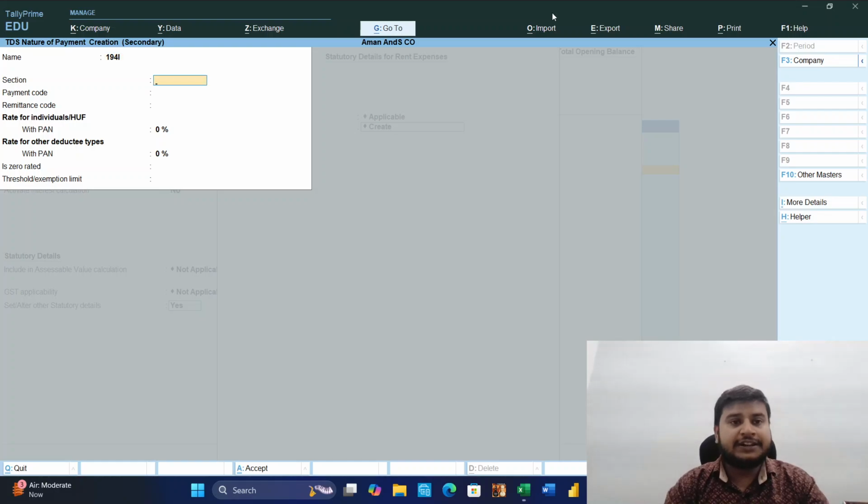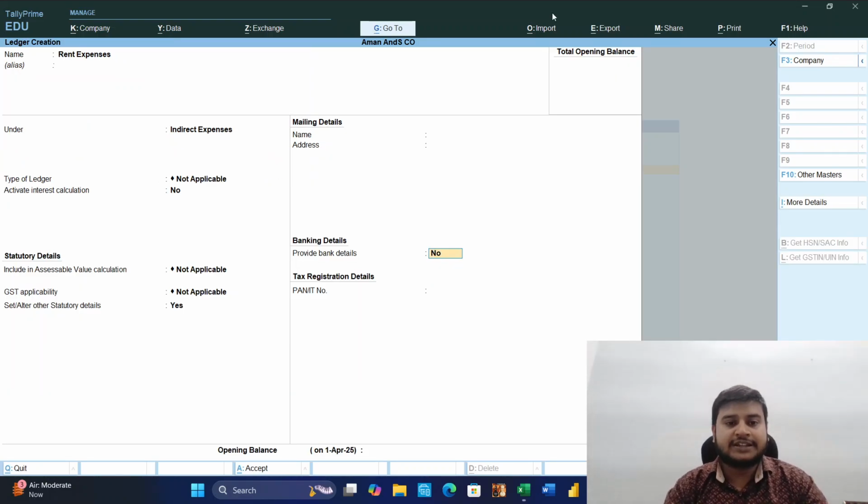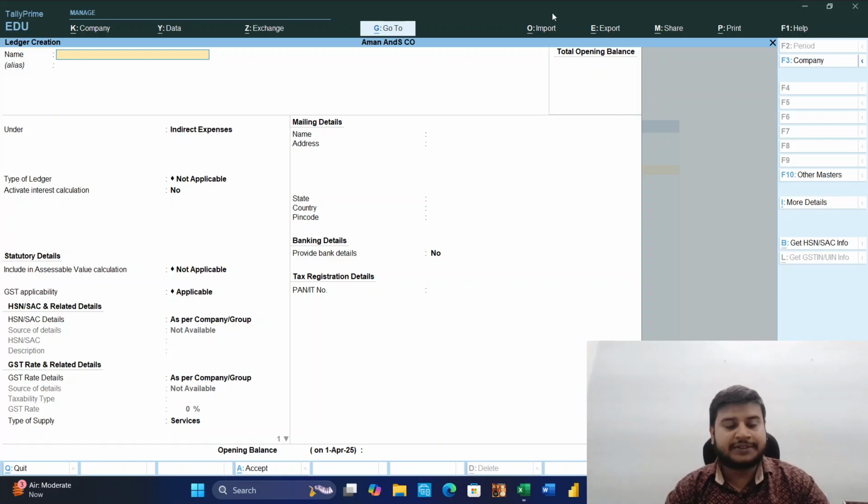When the limit crosses 2,40,000 in a year, that is, if the rent payment crosses 2,40,000, we will deduct TDS at the rate of 10%, and the threshold limit for deduction is 2,40,000.